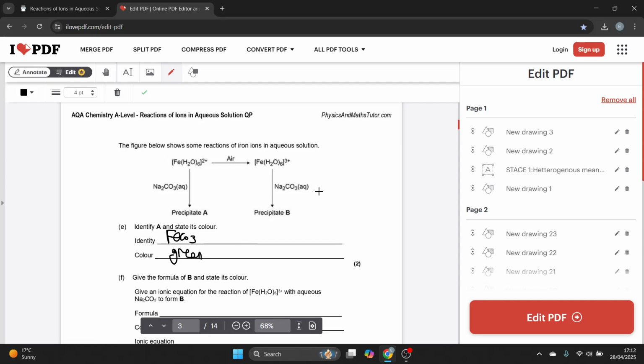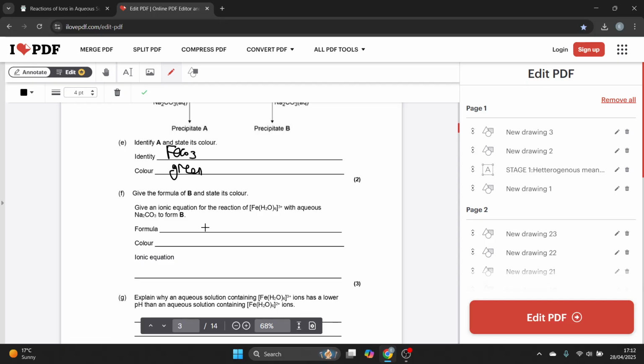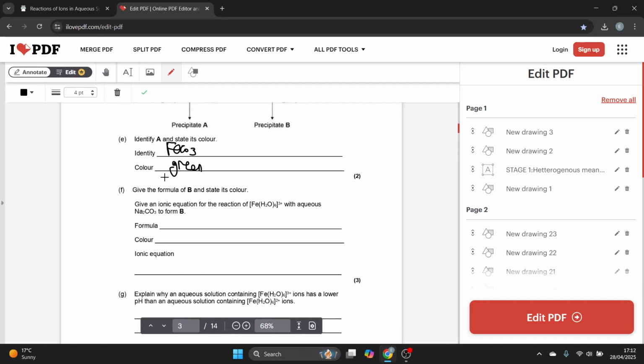Give the formula of B and state its color. Well, B is the same thing, but instead of 2+, it's 3+, reacting with carbonate ions.